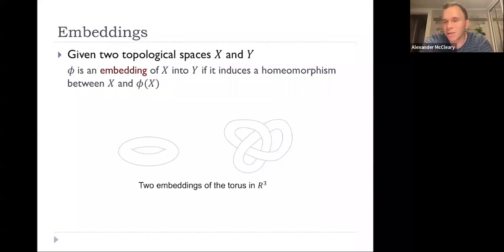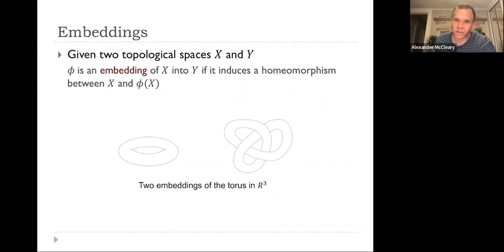An embedding of a topological space is a continuous function such that, right here we have two topological spaces, X and Y, and we have a function phi from X to Y. When we just look at the image of phi, phi is an embedding if phi is a homeomorphism between X and the image of phi, so phi of X. Oftentimes when we do geometry, we work with embeddings of objects, but topology does allow us to work with objects that aren't embedded in any way at all.